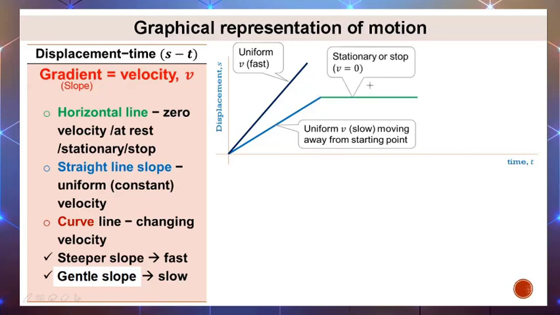The horizontal line here indicates zero velocity. The object is stationary or it stops. Next, this slope indicates uniform velocity returning to the starting point.